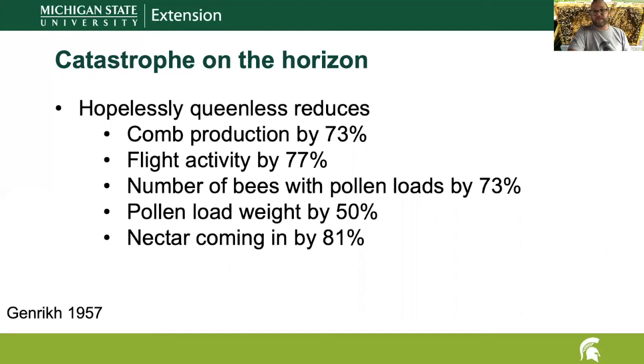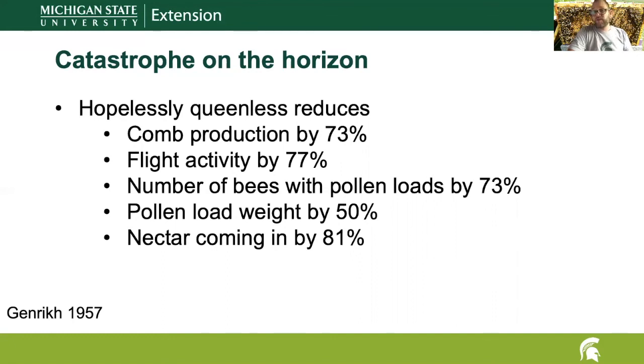All sorts of reductions in activities that are normal for a healthy bee colony. Comb production reduced by 73%. Flight activity reduced by 77%. The number of bees coming in with pollen loads reduced by 73%. Pollen load by weight being used in the colony drops by 50%, and nectar allocation coming into the colony reduced by 81% in a hopelessly queenless colony.